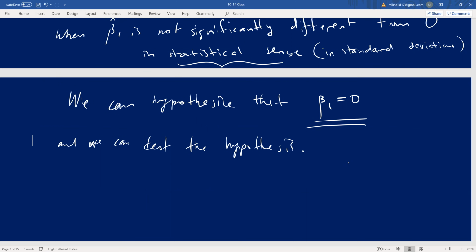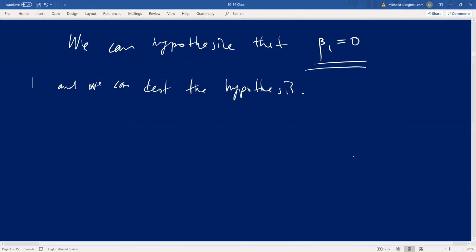So how will I specify the hypothesis? It will be like this. H null: beta 1 is 0. What is 0? That's the hypothesized value.